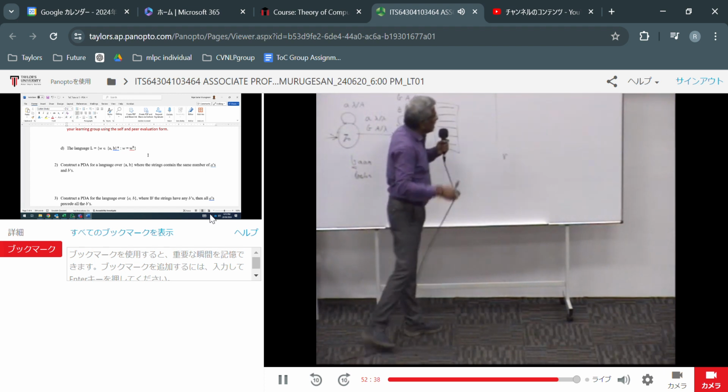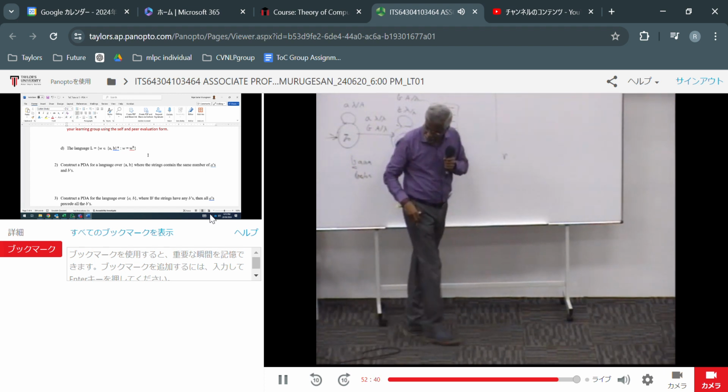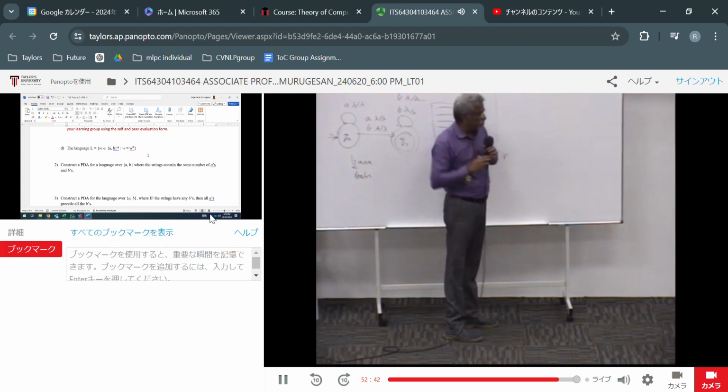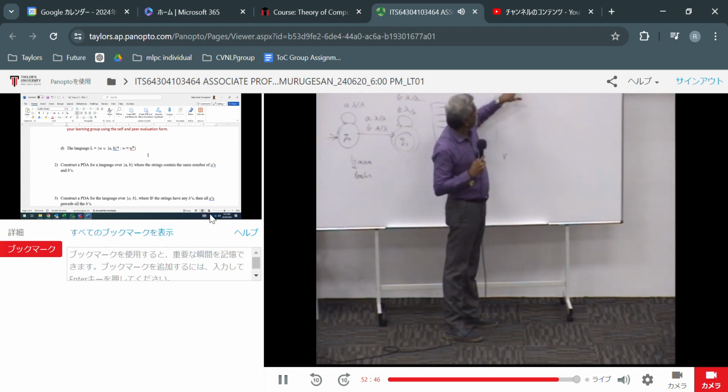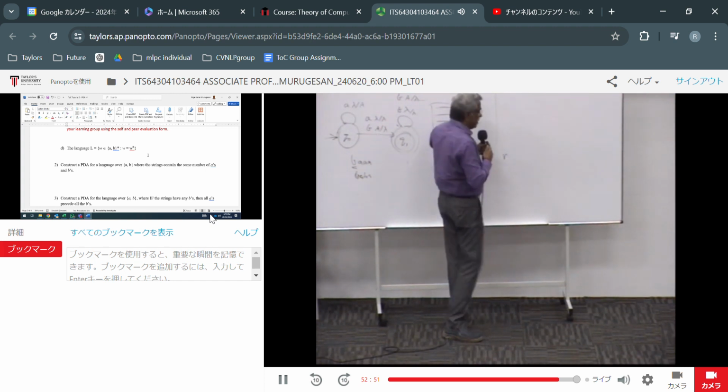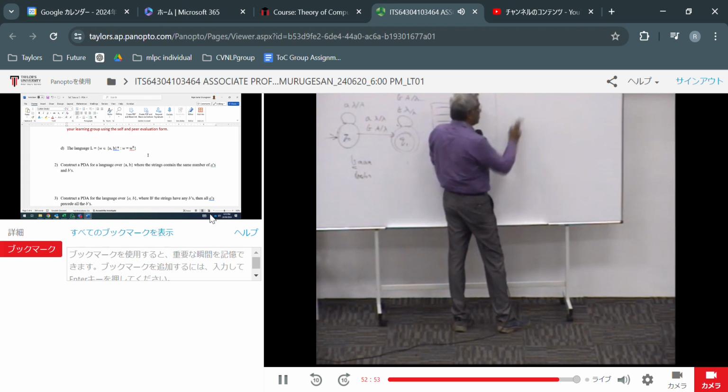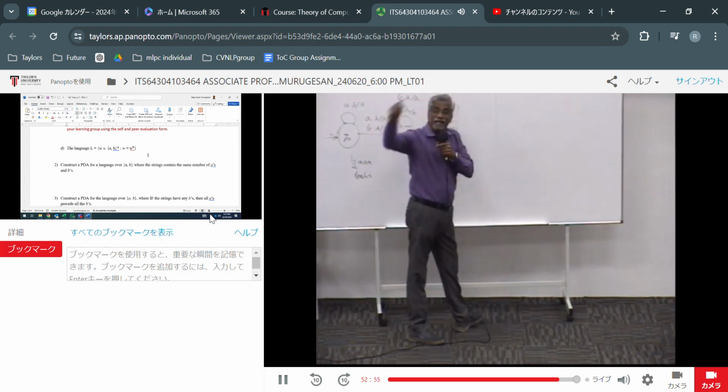There are two ways of solving this, but the thought is very simple. A means we push A, B means we pop A. For this question, you can solve it with a single state or you can solve it with two states.